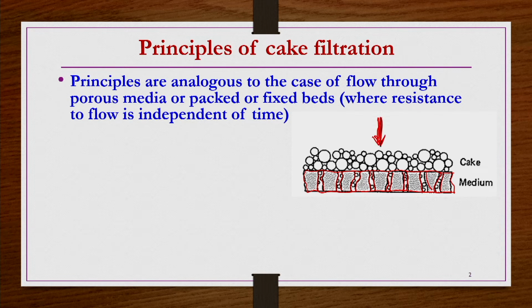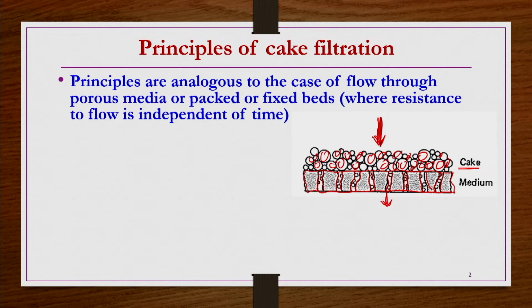The slurry comes in the normal direction to the surface of the filter medium. The large amount of solid particles in the slurry will be deposited on the filter medium and form a cake, and that cake size gradually increases as the filtration time increases. Thus, the resistance to flow will also increase. The clear or almost clear filtrate will be collected from the bottom.